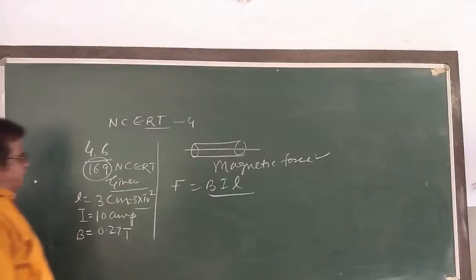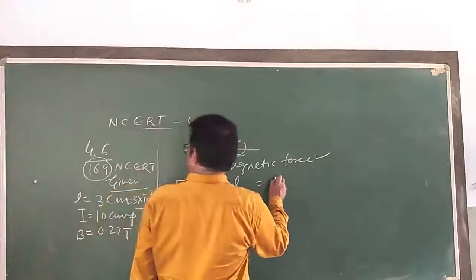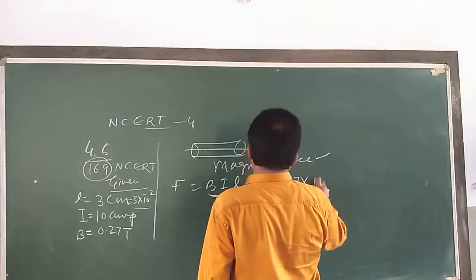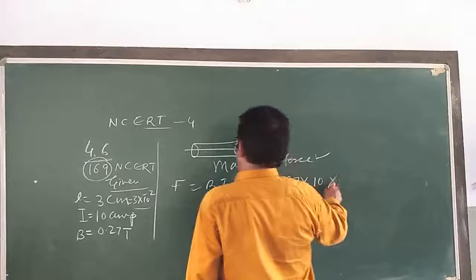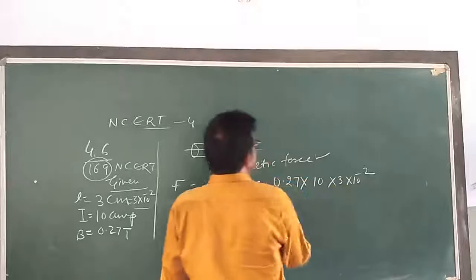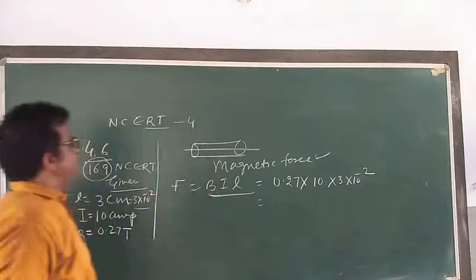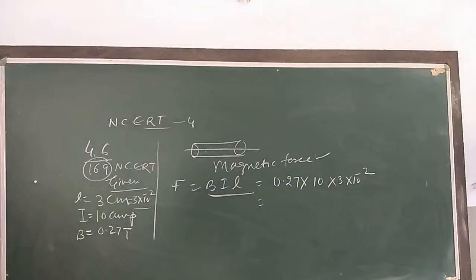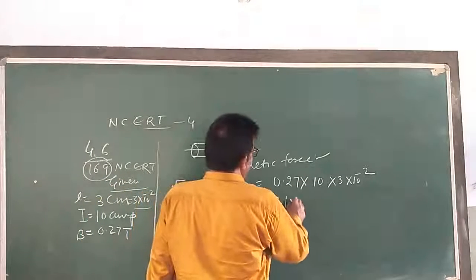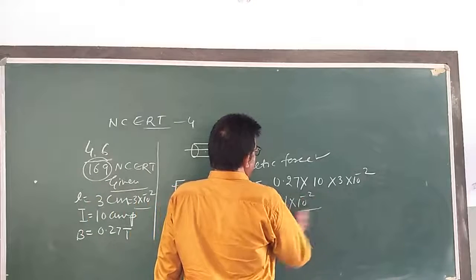Put all the values here. B is 0.27, I is 10 ampere, and length is 3 into 10 raised to the power minus 2. Solve it. 0.27 into 10 into 3 into 10 raised to the power minus 2, that comes out to be 8.1 into 10 raised to the power minus 2. Force, that is in Newton.